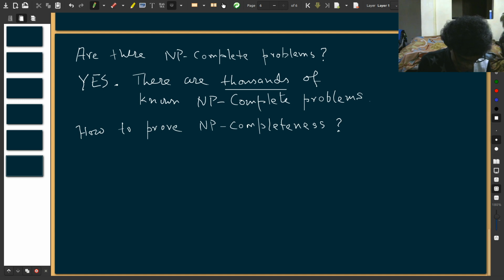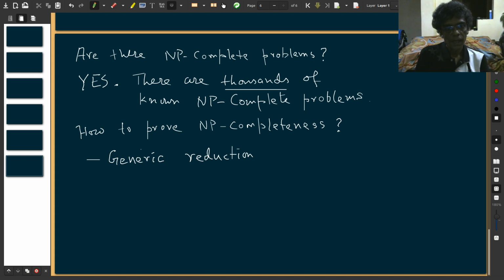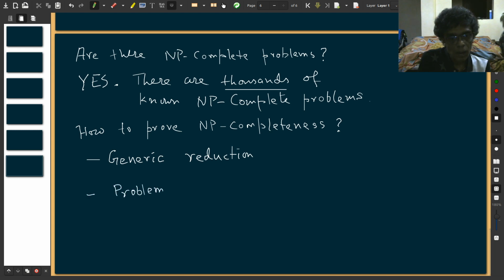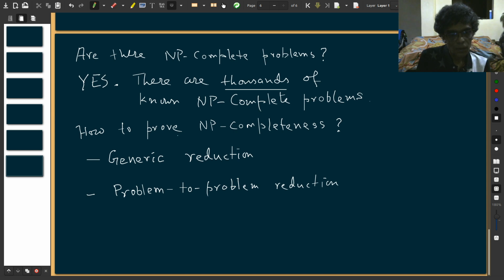So this involves not a problem by problem, case by case reduction, but a generic reduction. This generic reduction is a very difficult thing.